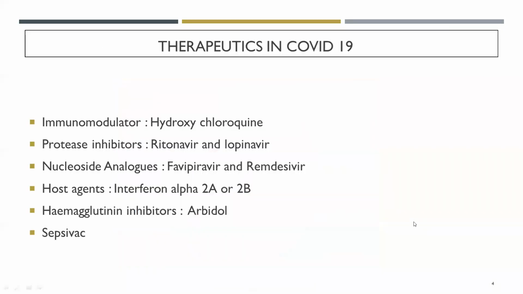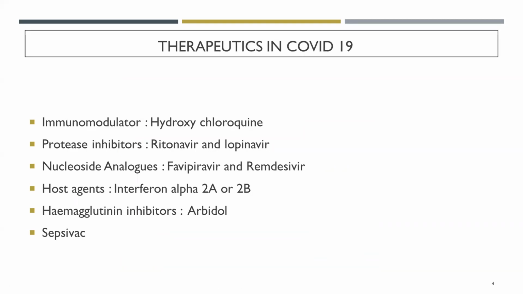With this background, I'll just go briefly through the different therapeutics in COVID-19. It is briefly divided into 6 types. First are immunomodulators like hydroxychloroquine, second are protease inhibitors like Ritonavir and Lopinavir, and the next are nucleoside analogs like Favipiravir and Remdesivir, and the different host agents like interferon alpha 2A or 2B.